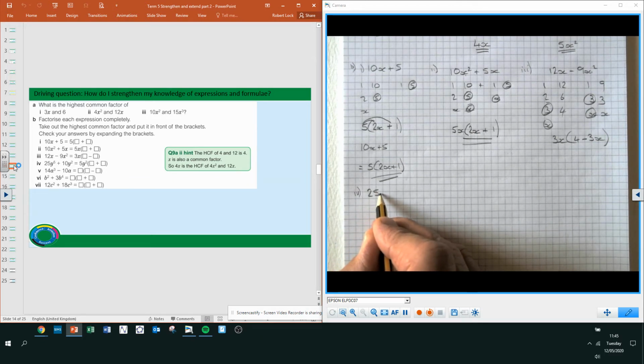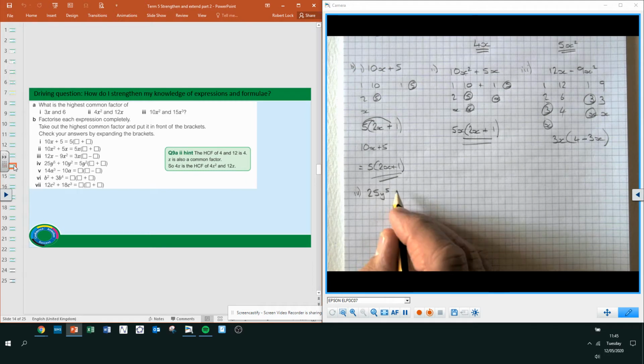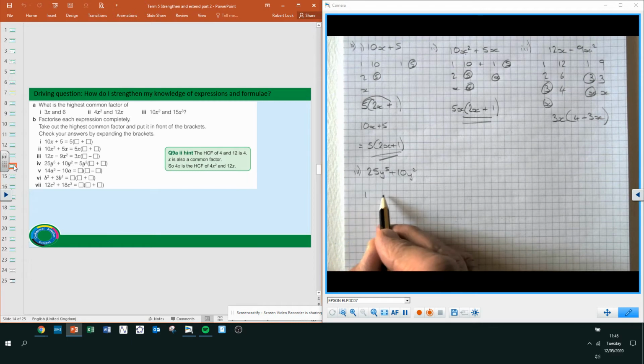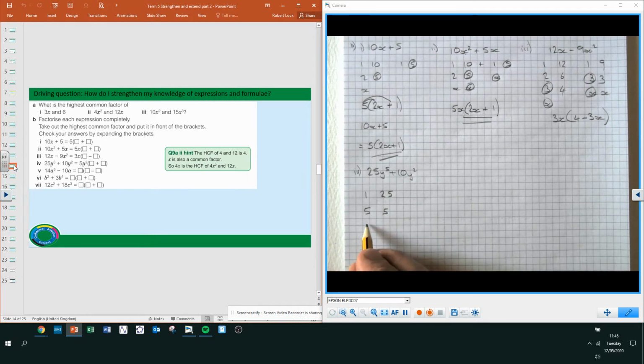Question 4. 25y to the power 5 plus 10y squared. Factors of 25 are 1 and 25, 5 and 5. That's it. And we've just got y's left over, 5 of them.